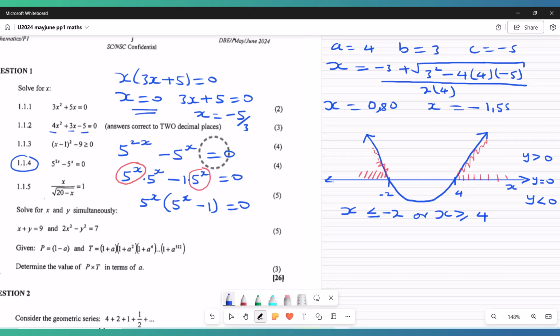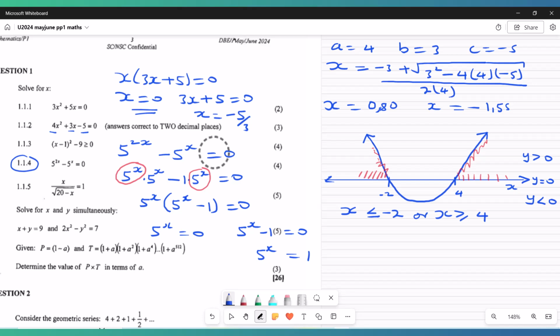The moment you have a 0, again you use the zero product rule, which means either 5 to the power x equals 0, or 5 to the power x minus 1 equals 0, which gives us 5 to the power x equals 1.